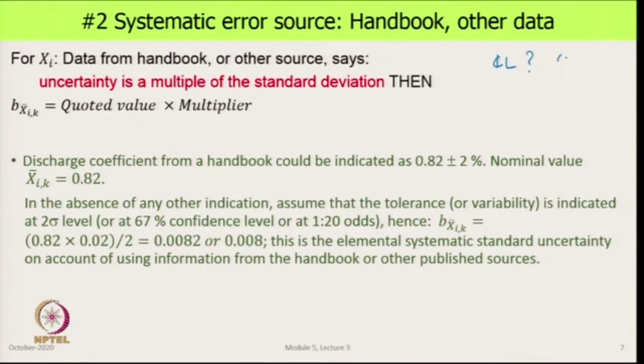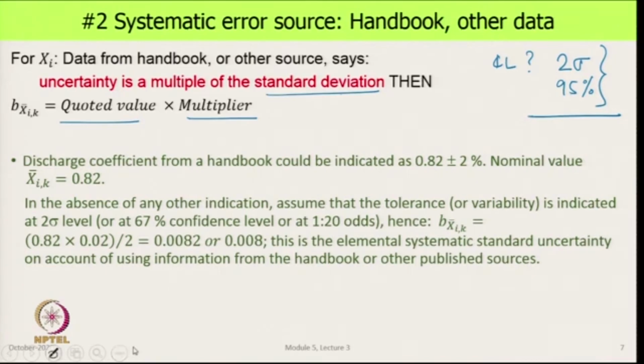We again assume that everything is at 2 sigma or at 95% confidence level, under the assumption that if it is not this, it would have been explicitly specified. So, the same criteria that we just saw in the previous slide applies: if the uncertainty is a multiple of the standard deviation, then B x i k is the quoted value divided by the multiplier.